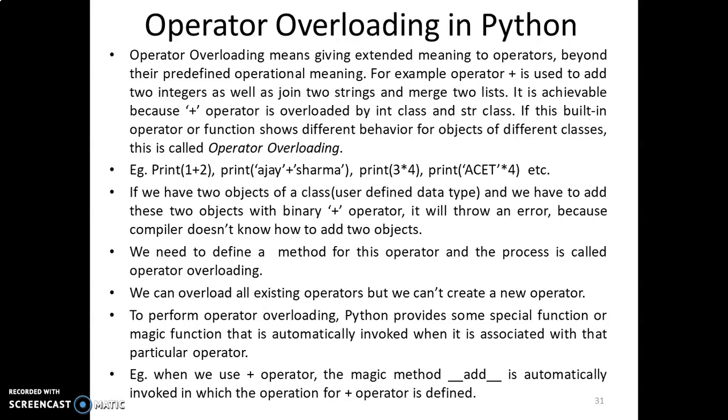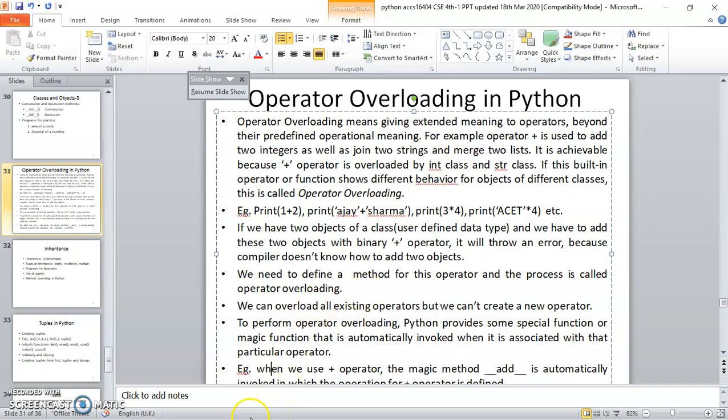This is achievable because the plus operator is overloaded by the int class and string class. If this built-in operator shows different behavior for the objects of a class, then this criteria is known as operator overloading.